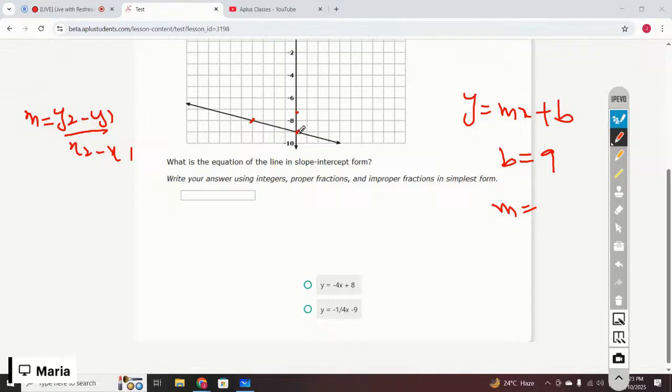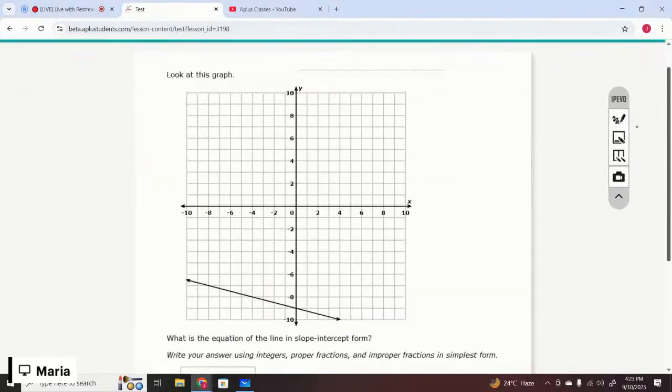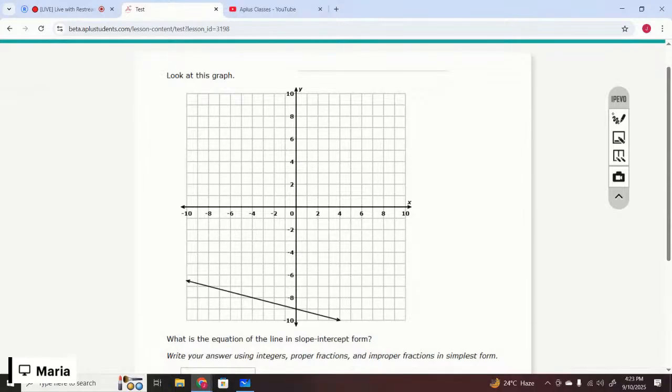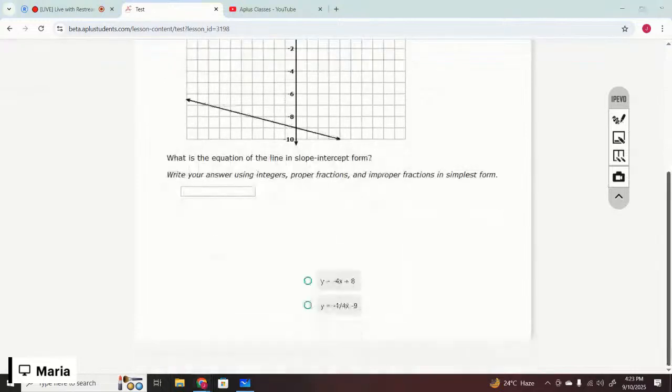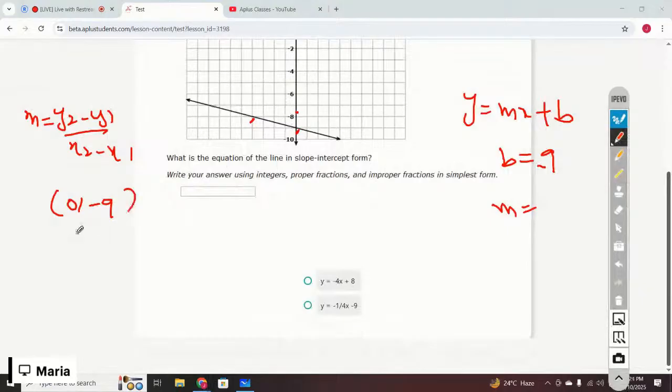Got it? Now the points are, one of them is the y-intercept, x is 0, y is -9, sorry, not only 9. And the other point is -4 and -8, right?